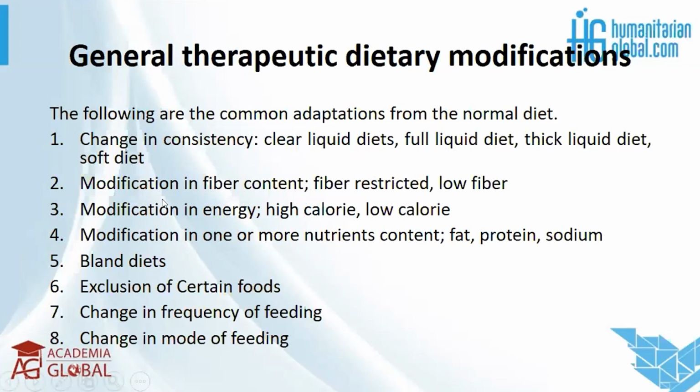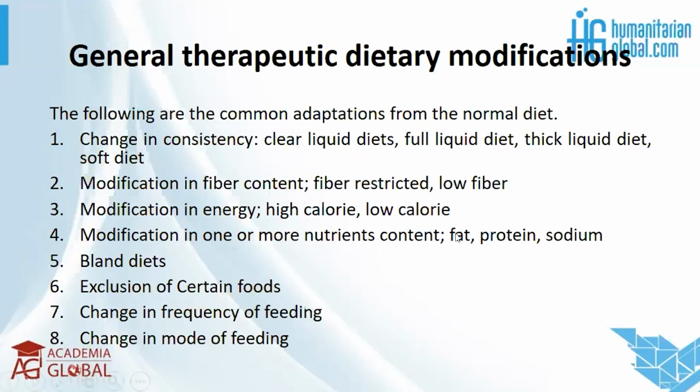We can also modify the fiber content, and we'll have fiber restricted or low fiber diet, and also high fiber diet. And then we have modification in energy. Here we talk about high calorie diet and low calorie diets. Modification in 1 or more nutrients content. We'll see how we could have a high fat diet, a low fat diet.